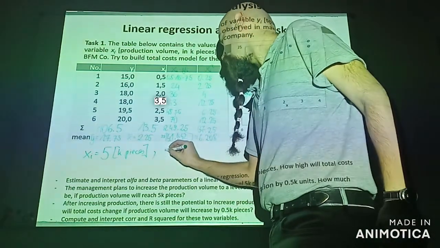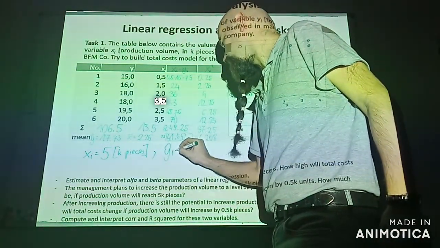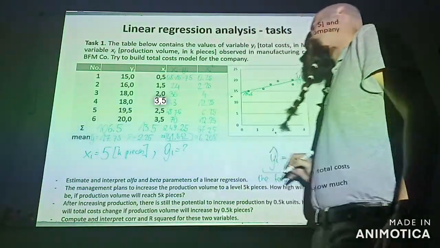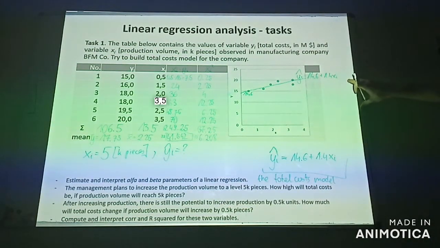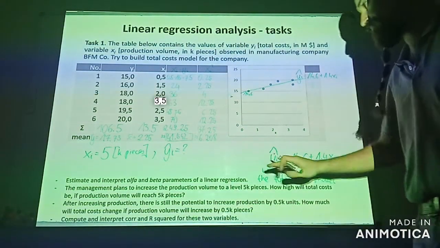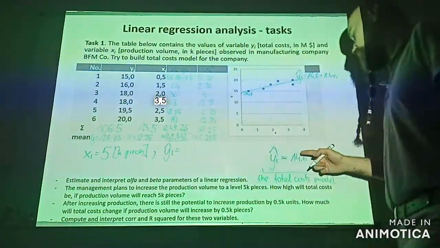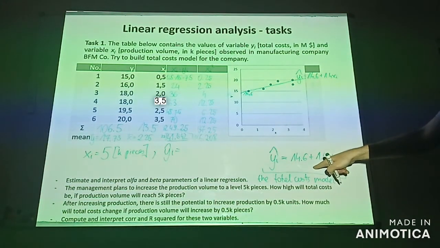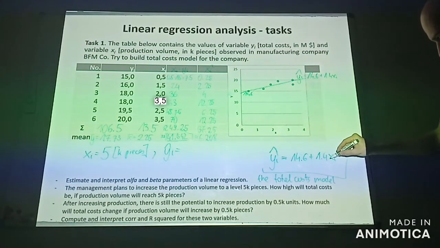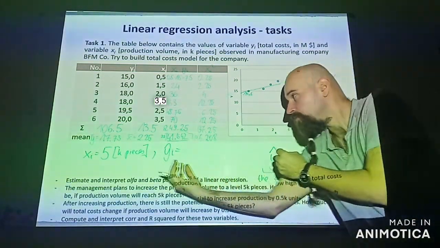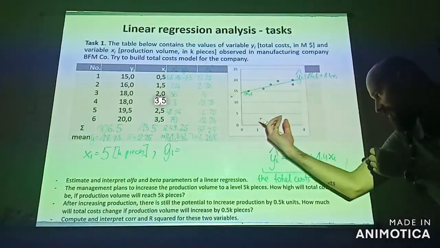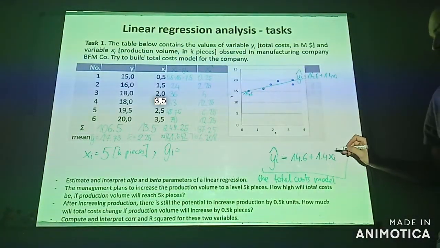And on the basis of the model, I will answer the question, how high will total costs be? Yeah, it's very simple. I will use the linear equation. Here we have our independent variable. Our model is taking 5 here.